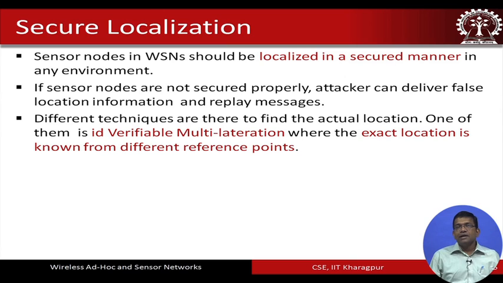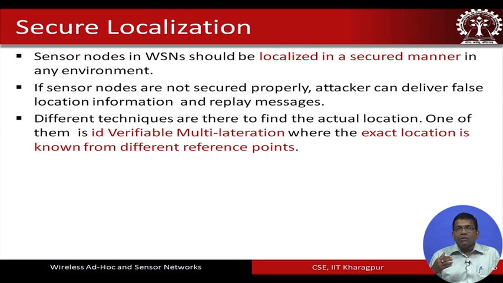Secure localization. Localization means understanding the locations of the different nodes, getting that information. So, in sensor networks, typically the data that is coming has to be geotagged. That means the geographic location of the sensor nodes which are throwing in the data should also be embedded along with the data that is coming in. Otherwise, that data has got no meaning.